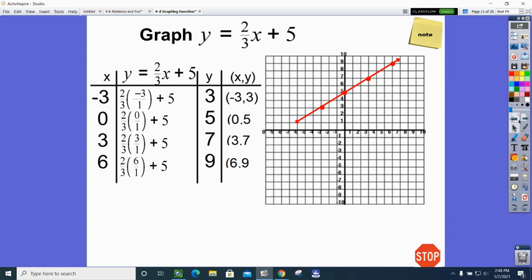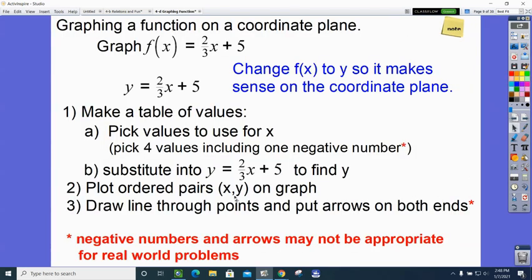So really this slide right back here kind of reviews the whole process. So if it's an f of x, make it a y. Pick 4 values, -1, 0, 1, 2. The fave 4 are great unless there's a fraction. If there's a fraction, look at that denominator and make your fave 4 change to be multiples of that number so you don't have to try to plot parts of a block.